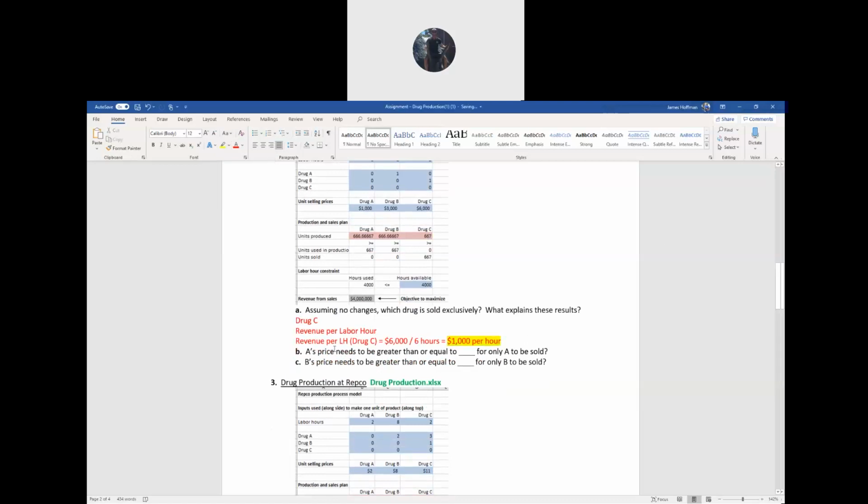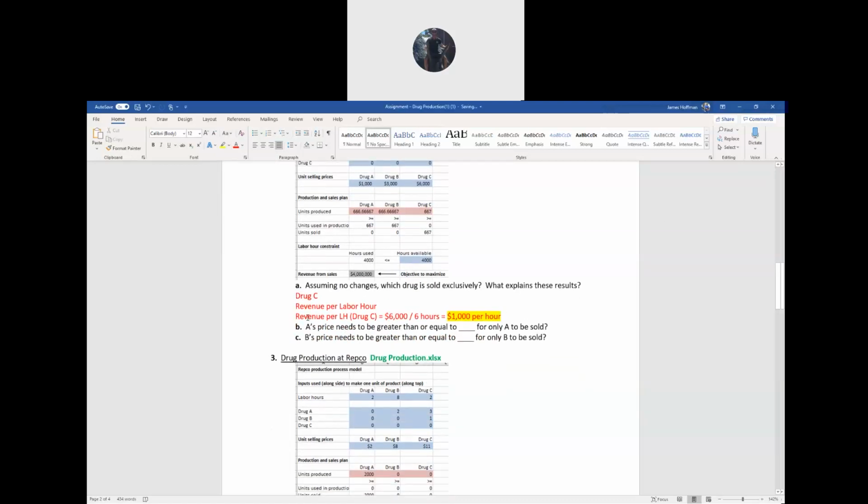Okay, so it must be that drug A and drug B are giving us less than a return of $1,000 per hour. But let's figure out what the breaking point is for those to be just as comparable.